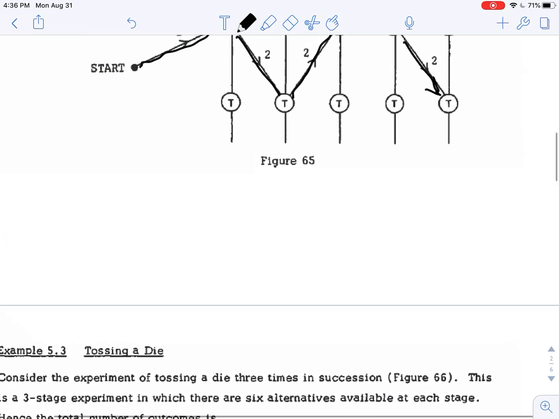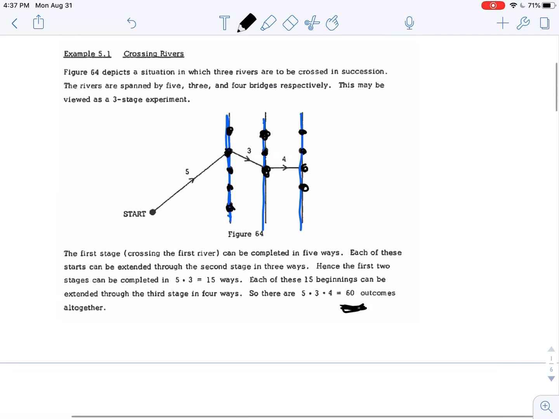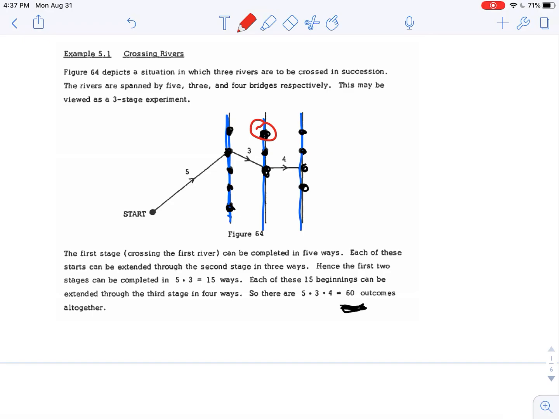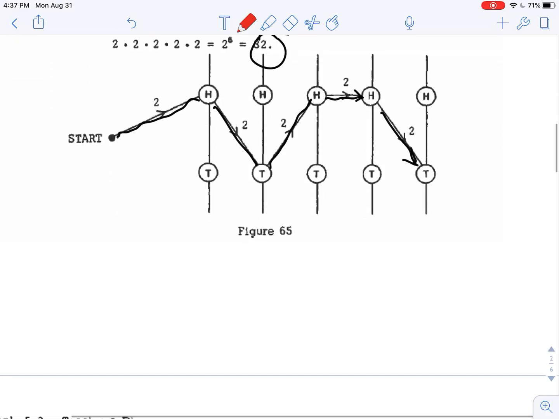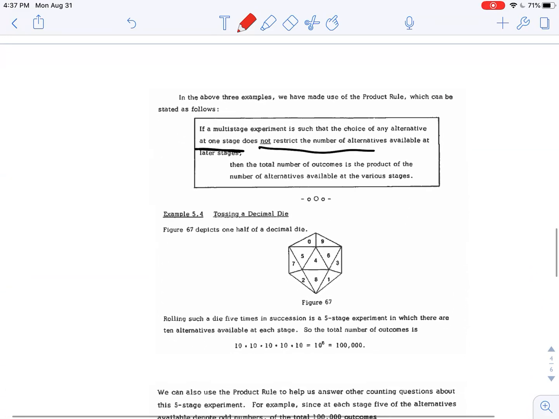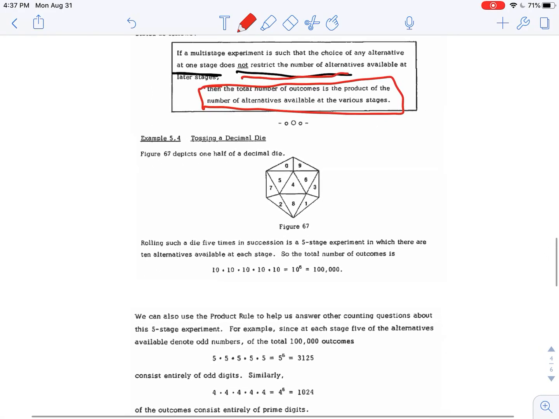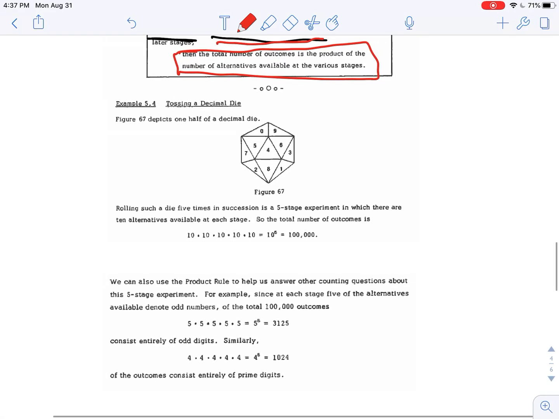So for instance, if we were going back to the crossing the bridge one, if crossing, say, this bridge right here meant that you couldn't choose these 2, now it's no longer product rule. That's what they mean by this in this box right here. It says does not restrict the alternatives available at later stages. When the total number of outcomes is the product of the number of alternatives available at each stage.